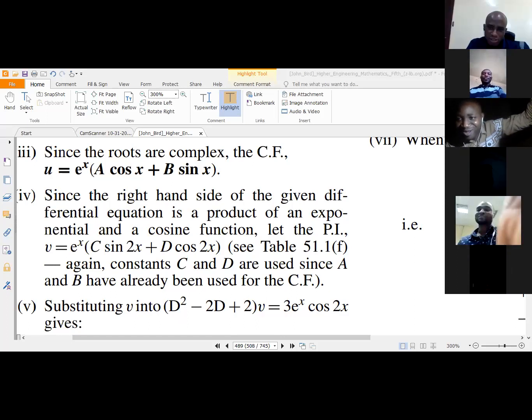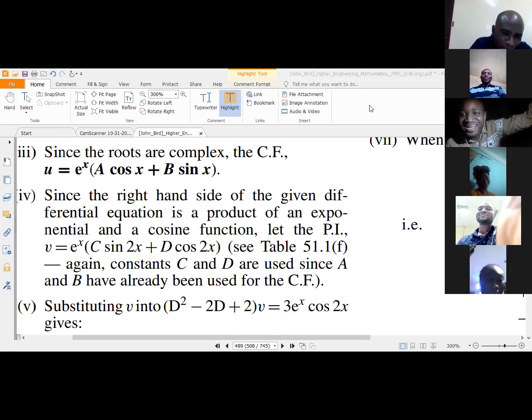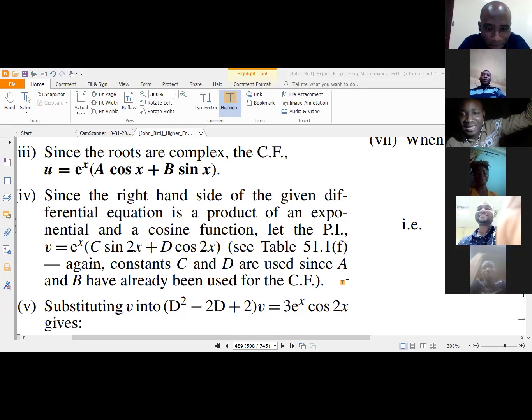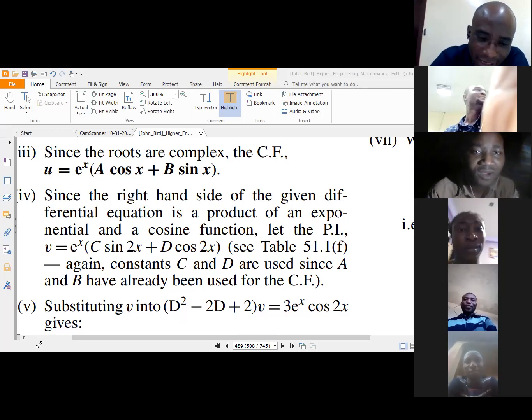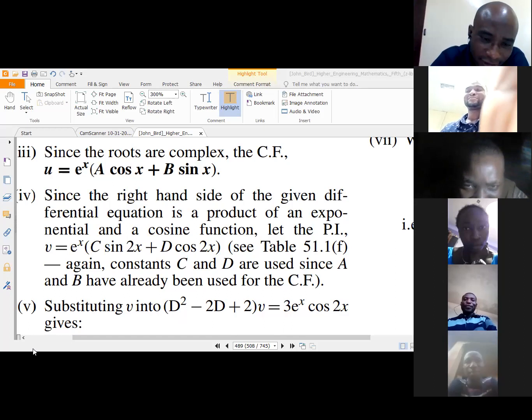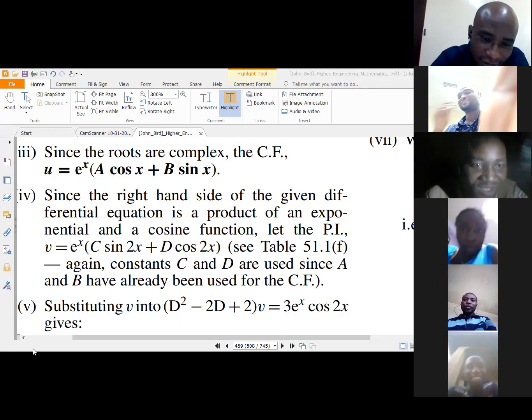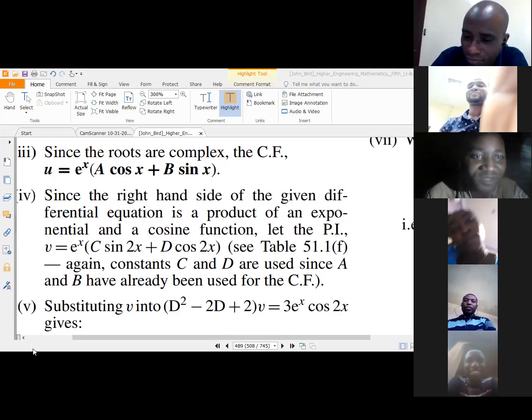I can see Quadri, Akim. Kano. Okay, Mekati. Adekunle, you are new.